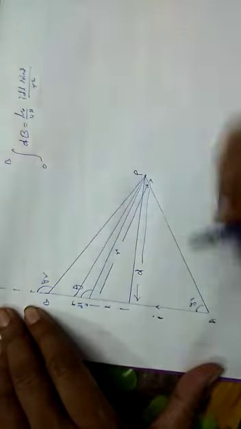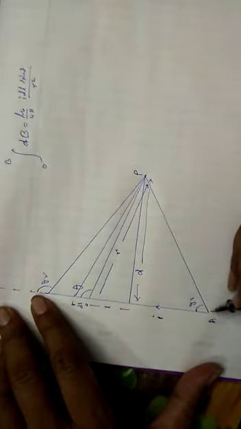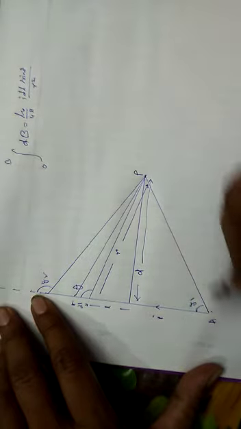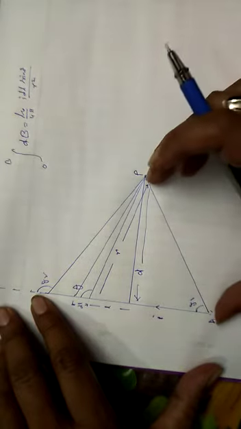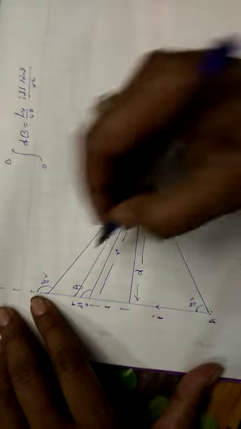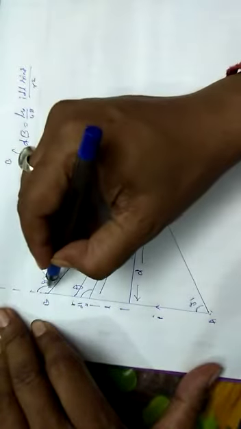And the angle is theta 1 to theta 2. So one end of the wire is making an angle theta 1 with the displacement vector AP at the point A, and with the displacement vector BP, this wire is making an angle theta 2.